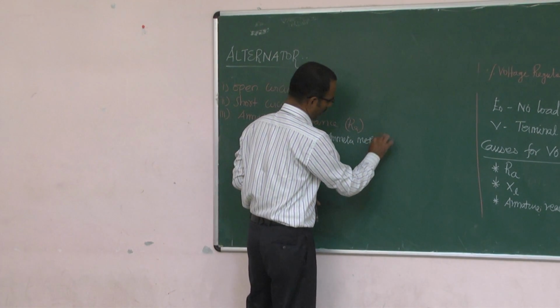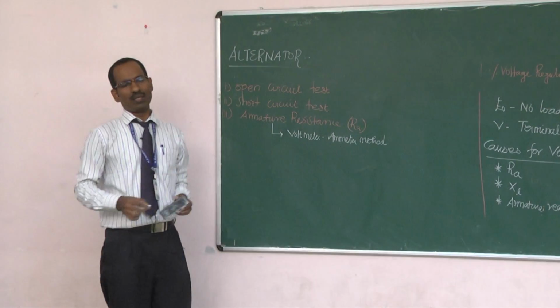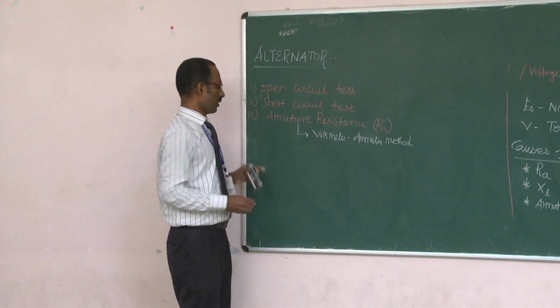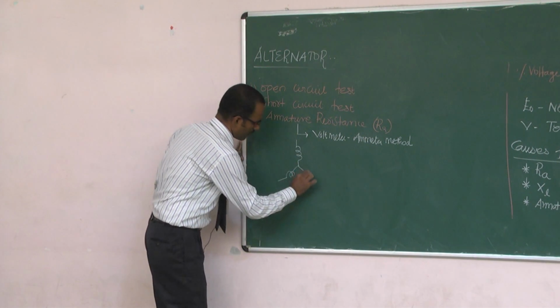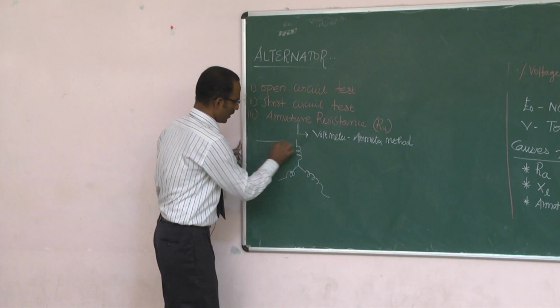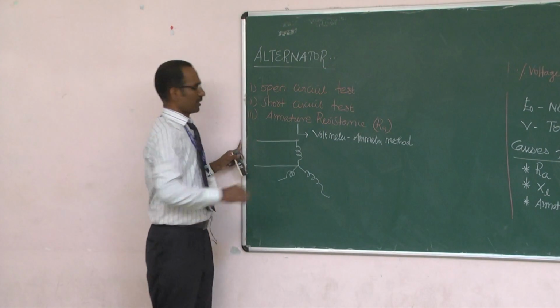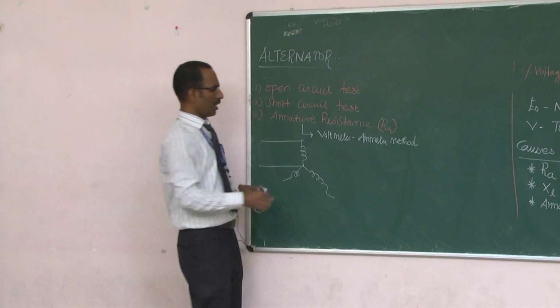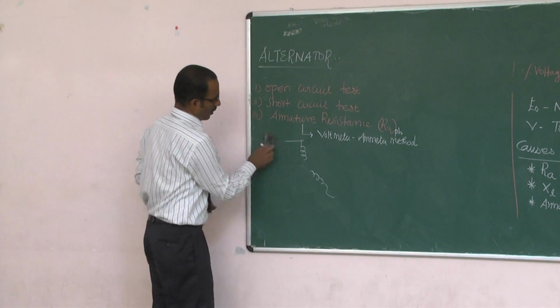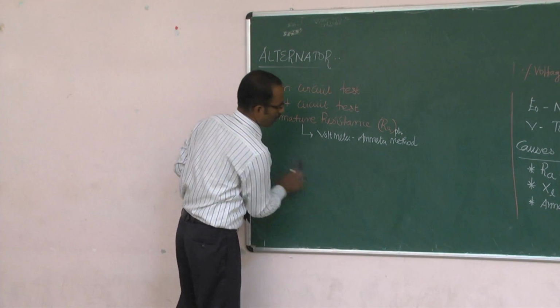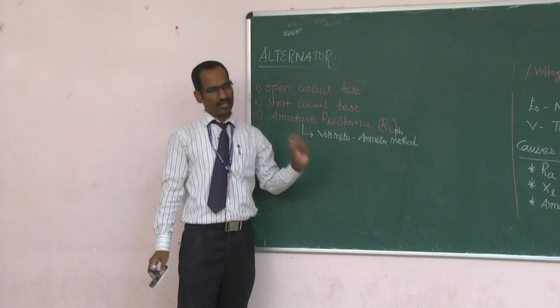By applying a reduced DC supply to the stator, for example the alternator's stator winding, we give the DC supply across a single phase. We will measure the armature resistance per phase value here. Either we can use the multimeter or the voltmeter ammeter method.